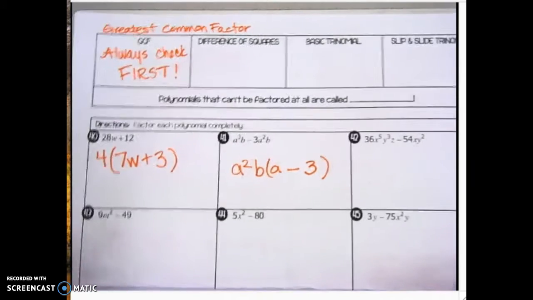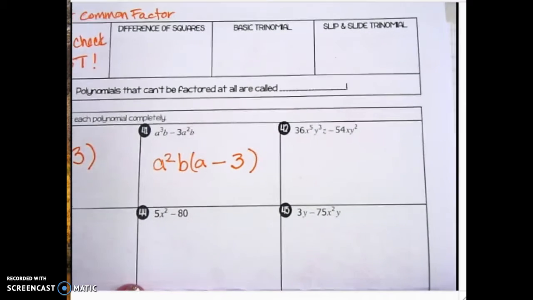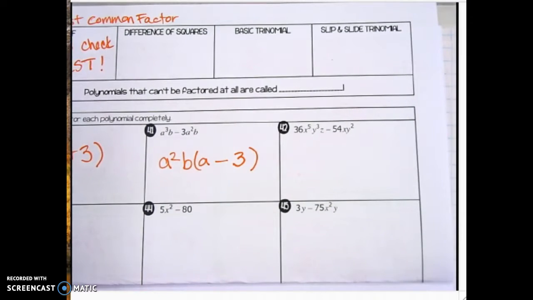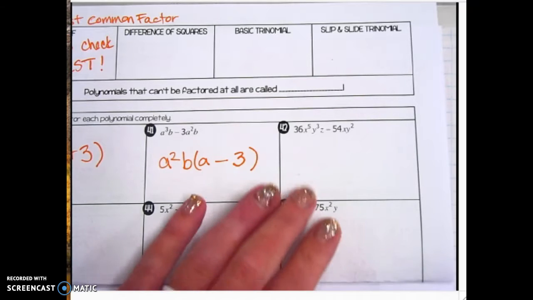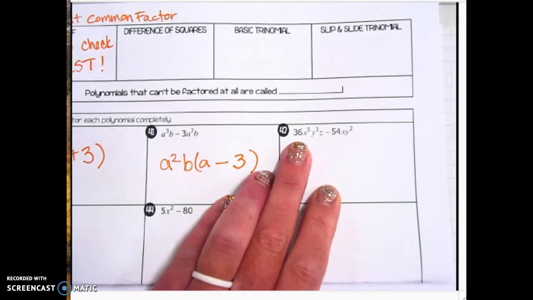All right, box number 42. Make sure you get the greatest common factors, because some of you are about to give me a common factor. Make sure you've got the greatest one. 6 is a common factor, 9 is a common factor, but neither of them are the greatest. So what do 6 and 9 both go into?